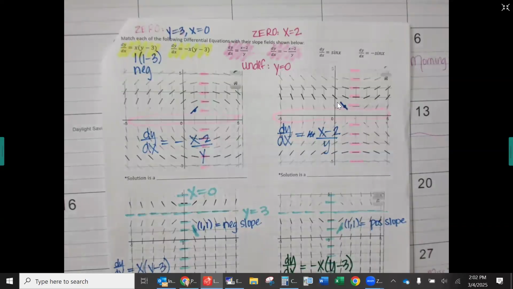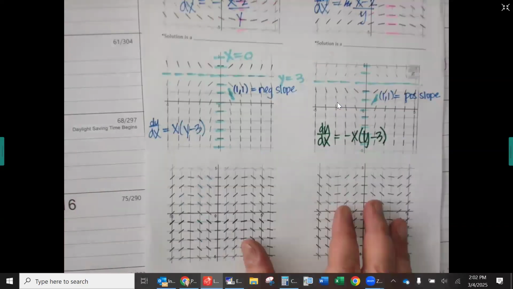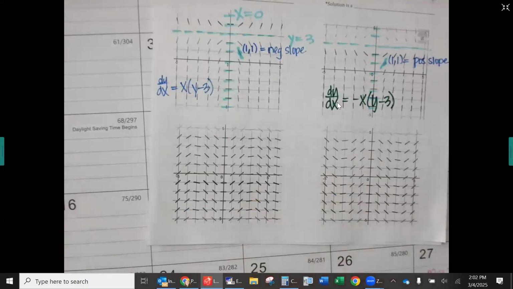Okay, let's talk about the last two. They're both sine x. Do you see that these are both doing little wavies, like they're a trig function? Let's do this: what's the sine of the first finger?